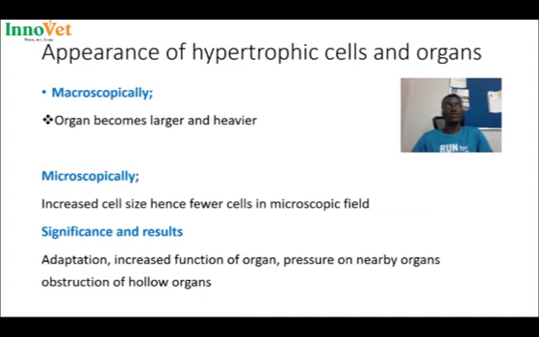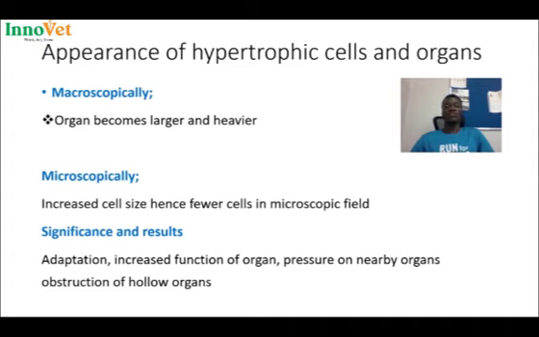This is a result of hypertrophy, in that when these organs expand, they exert pressure on the neighboring organs, and this will create patches on these organs if they are dissected. Then lastly is the obstruction of hollow organs. This is usually if the organ where hypertrophy is occurring is a hollow one.